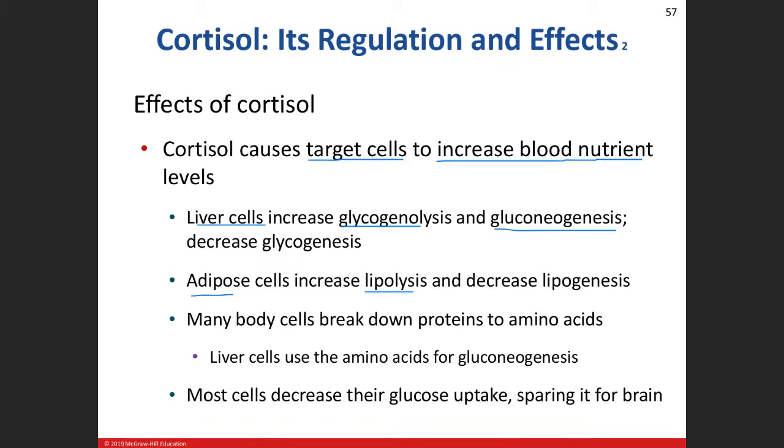And then the body cells are going to break down our proteins and give us our amino acids, which is one of the building blocks for glucose through the process of gluconeogenesis. And by doing that, all that glucose, like the liver has given us, goes to the brain, with the glucose sparing effect.